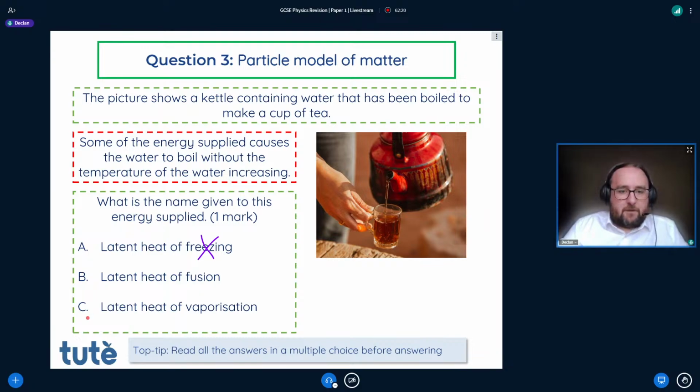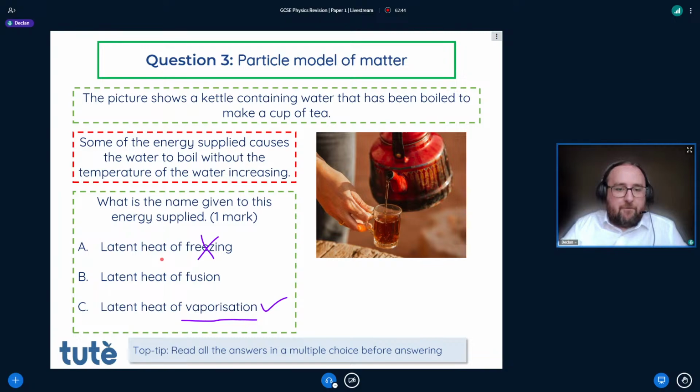Next, we've got two others left: latent heat of fusion and latent heat of vaporization. One of these is ringing a bell for me, because if we're going from a liquid to a gas, gaseous water is called water vapor. So it's giving me a bit of a hint, and that's why I'm going to tick that one.